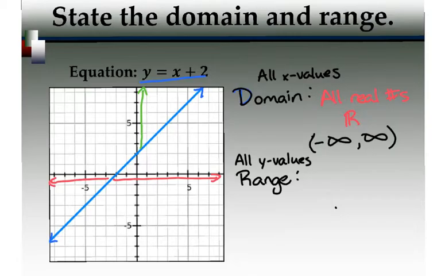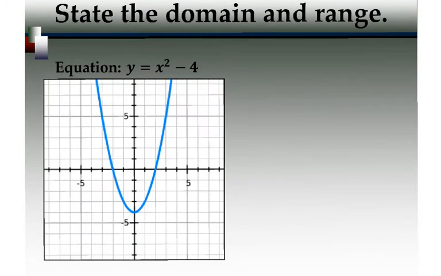It covers the whole y-axis going up, and same thing, going down. So you can state this same way as you did your domain. It's going to be all real numbers, or in interval notation, negative infinity to infinity.